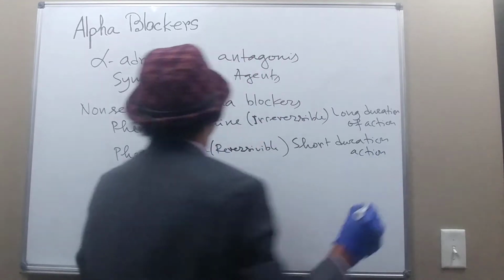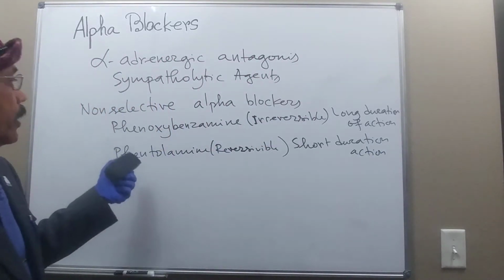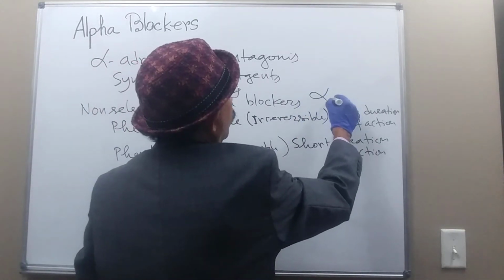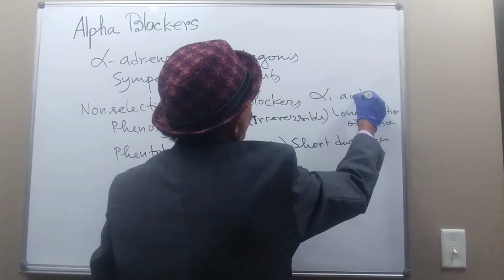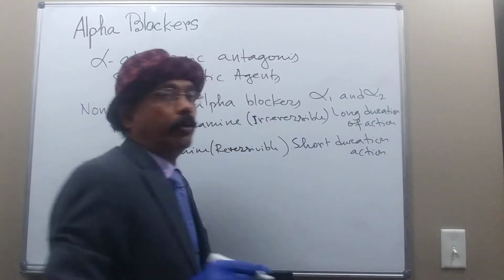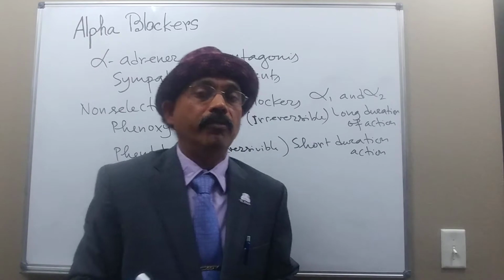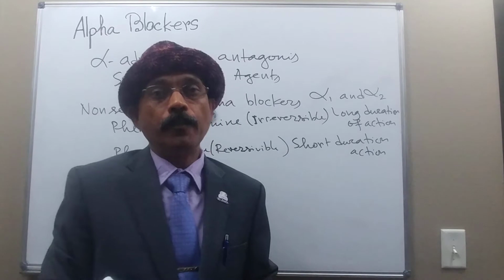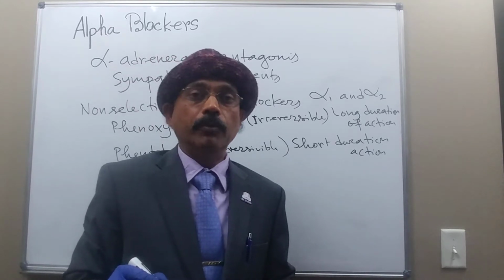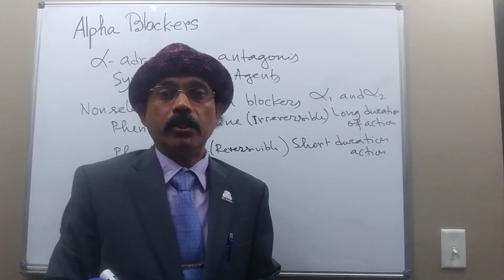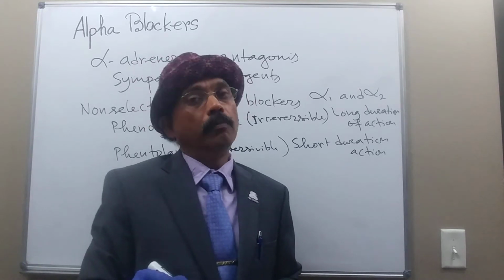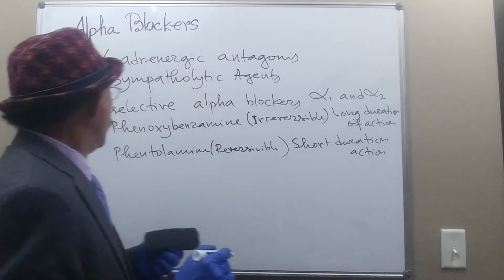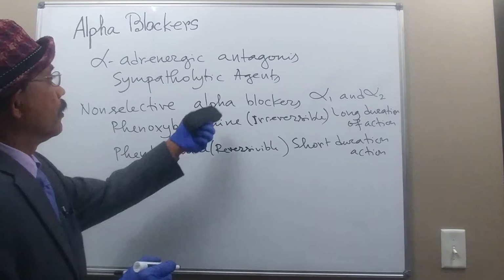Okay, so these are two non-selective alpha blocker drugs. They work on both the alpha 1 receptor and the alpha 2 receptor. Alpha 1 receptors are present on the peripheral blood vessels, on the smooth muscle around the sphincter of the urethra, around the prostatic part of the urethra, and inside the prostate.